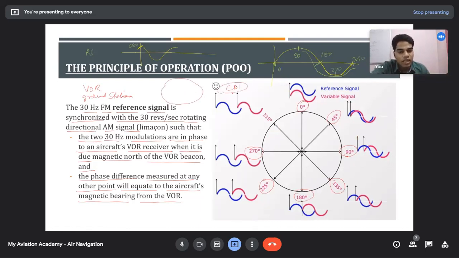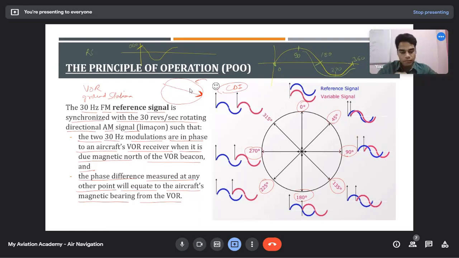I'll just give you a hint: CDI is an instrument which will sense these variable and reference signals. These phase differences are sensed by the CDI. When the CDI senses the phase difference, it will automatically tell the aircraft that that is where the airport is. And that is how we depict it.